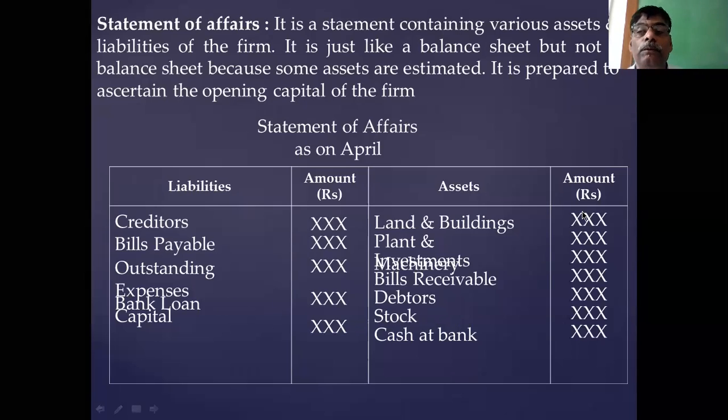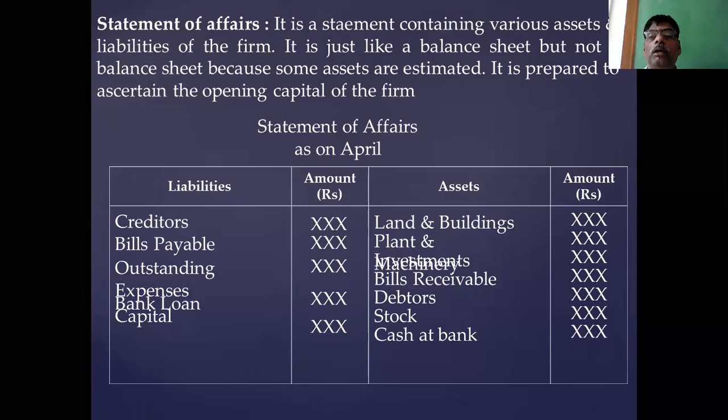And if the difference is on the asset side, that is the opening balance of cash, or that may be opening debtors, or opening bills receivable. First importance is opening cash. Second is debtors. Then you record bills receivable. Okay.